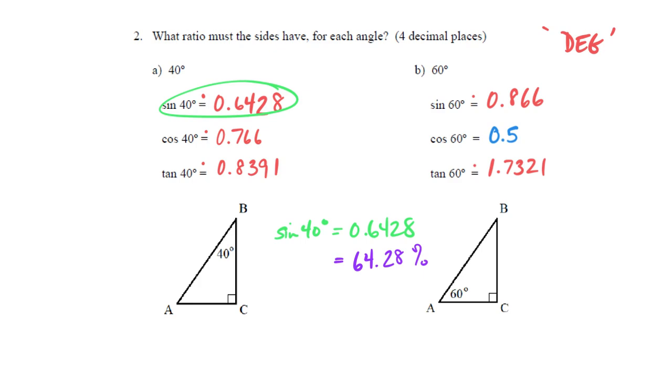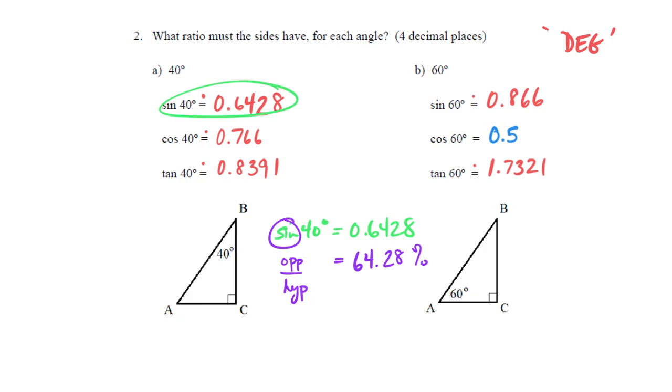But if I go back and put in my SOH CAH TOA definitions, we are calculating the sine of a 40-degree angle. If I remember what sine is, that is opposite over hypotenuse.